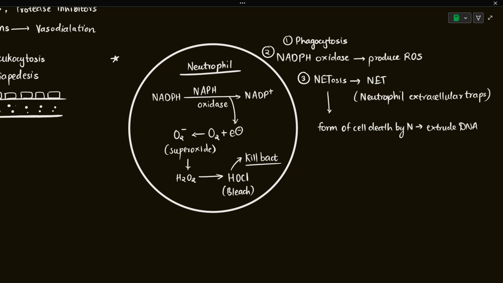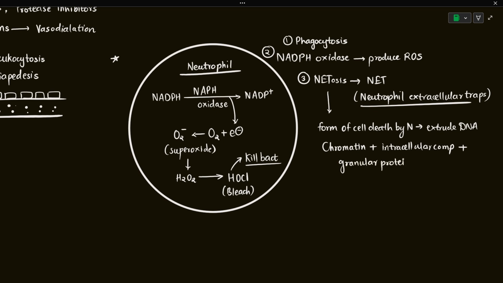That is why the neutrophil extracellular trap will consist of the chromatin of the neutrophils, the other intracellular components of the neutrophils. They will also have the granular proteins which were there in the neutrophils.